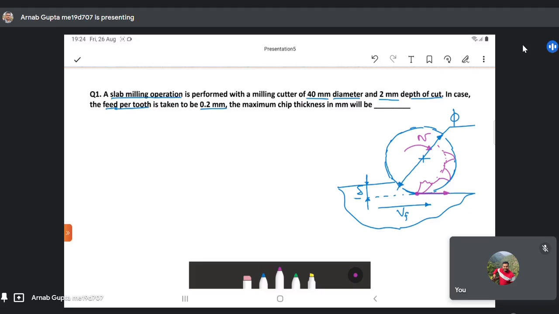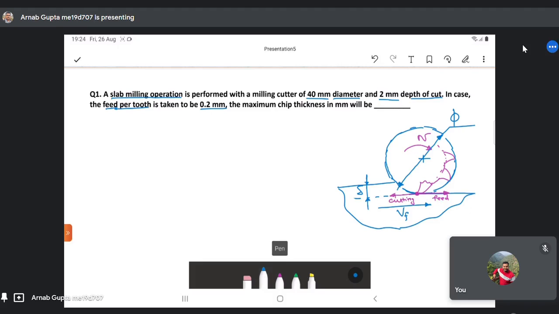However, in different milling operations, you can see that the tool is also moving or being fed along with the rotational motion. So that is also possible. So this is the feed motion, and in the forward direction, you have the cutting motion. So that's why you can say that it's an upmilling operation. Had these been in the same direction, then it would be a case of downmilling, right?